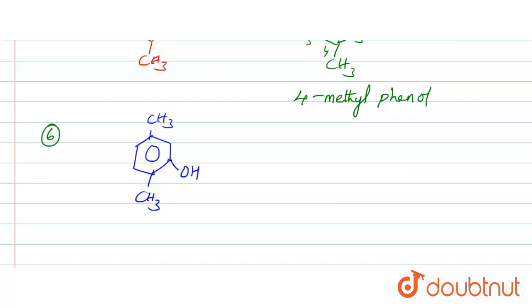According to functional group rule, priority is given to this functional group. And we have to move in this direction because the next substituent must have the least number. If you go in this direction, we have the carbon that is having the number 3. But if you move in this direction, we get the number 2. That's why it is the correct one. The name of the compound is 2,5-dimethylphenol.